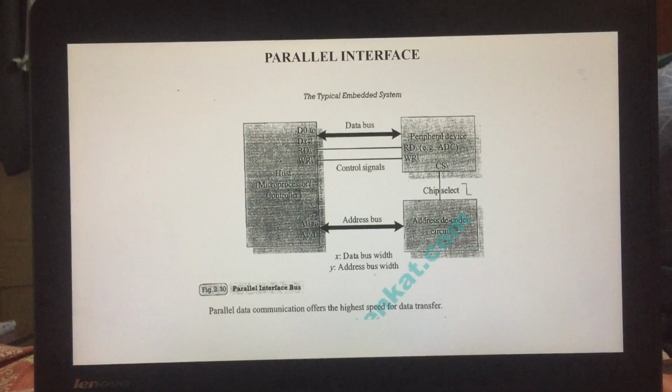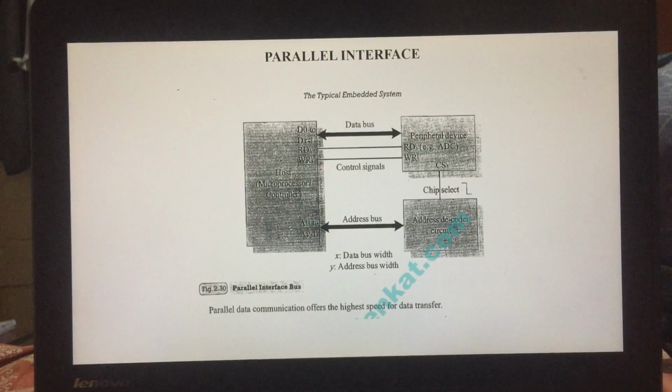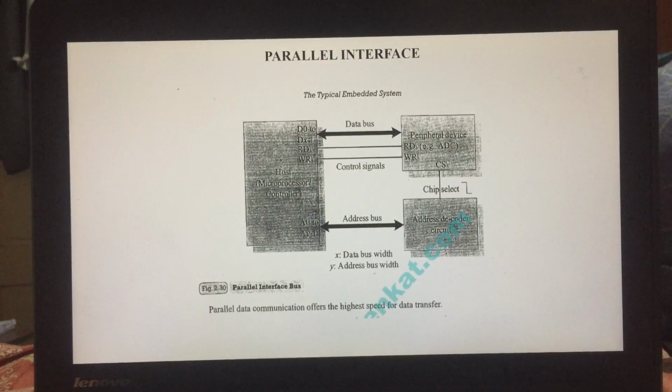An address decoder circuit is used for generating the chip select signal for the device. The device contains a device select line and the device becomes active only when this line is asserted by the host processor. The address selected by the processor is within the range.